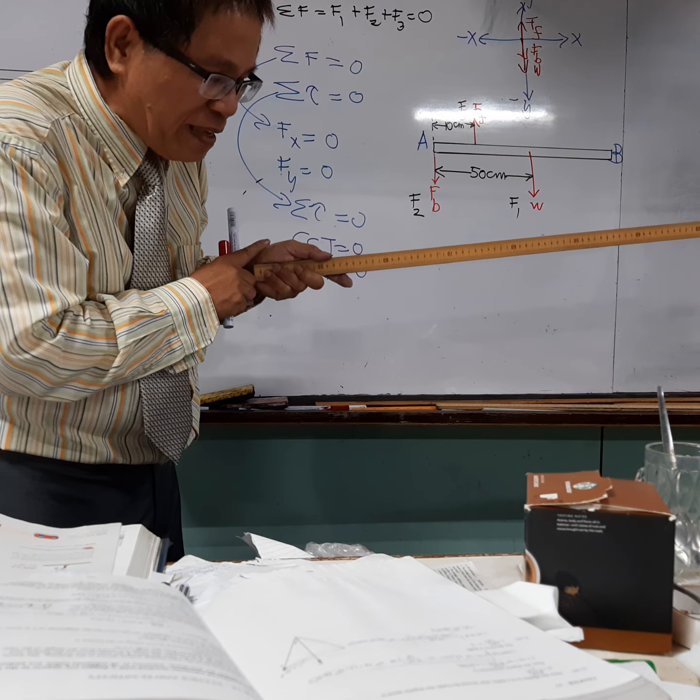Now we are going to supply what kind of torque, clockwise or counterclockwise? If this is the axis of rotation, this torque due to the weight will have a clockwise rotation.